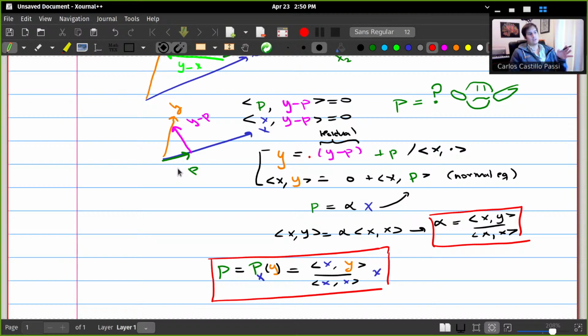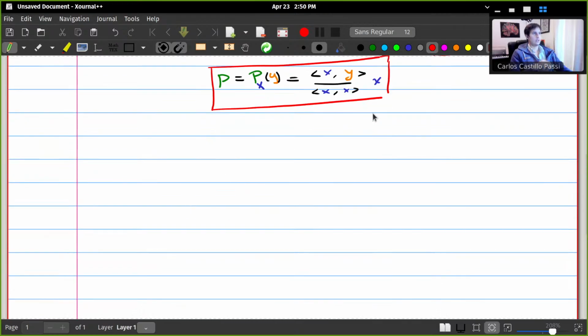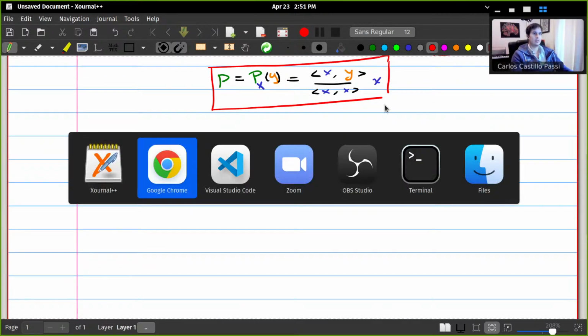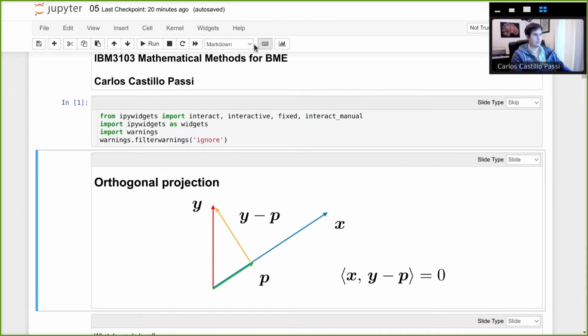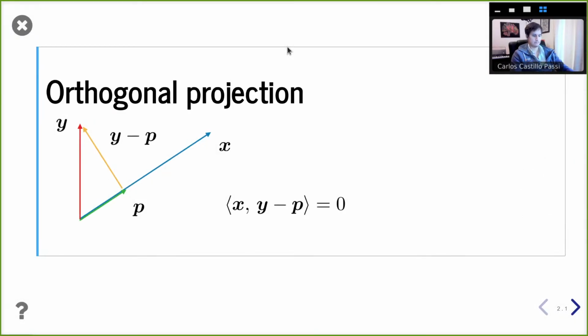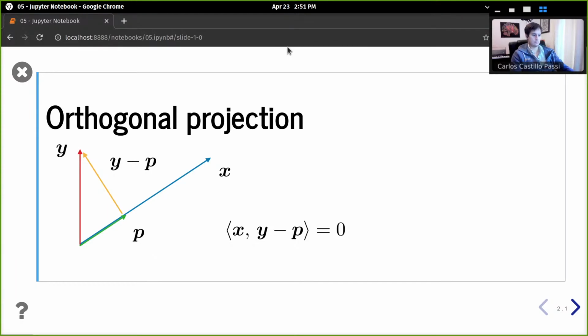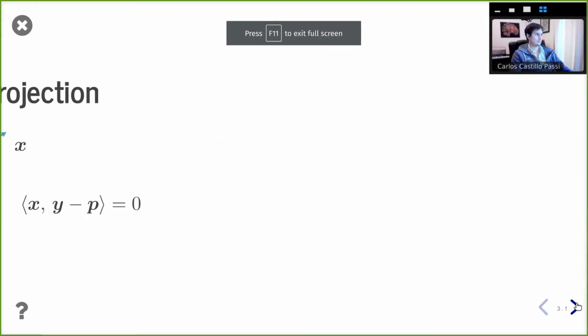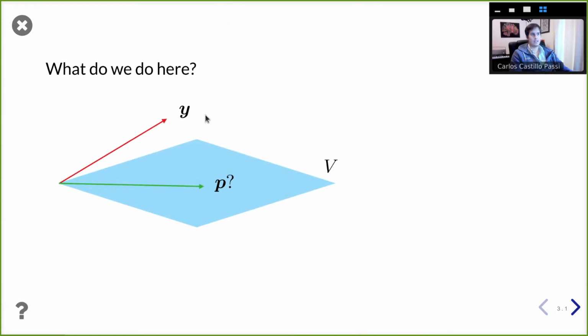Okay, so that's the projection of a vector onto another vector. In the homework, basically what happens is this case here. That is, you have a vector y, but you want to project it not onto a vector, but onto a space V. And the space V is described by a basis of the vector space, V1, V2 until Vn.